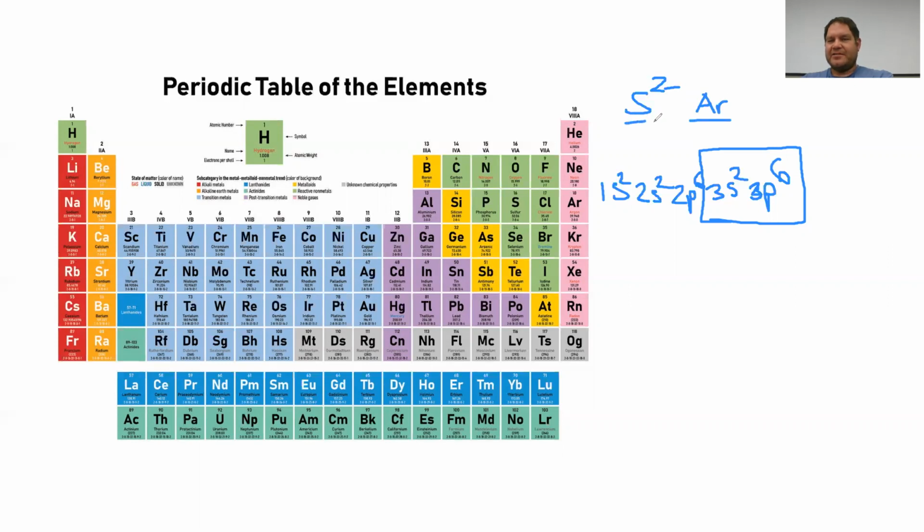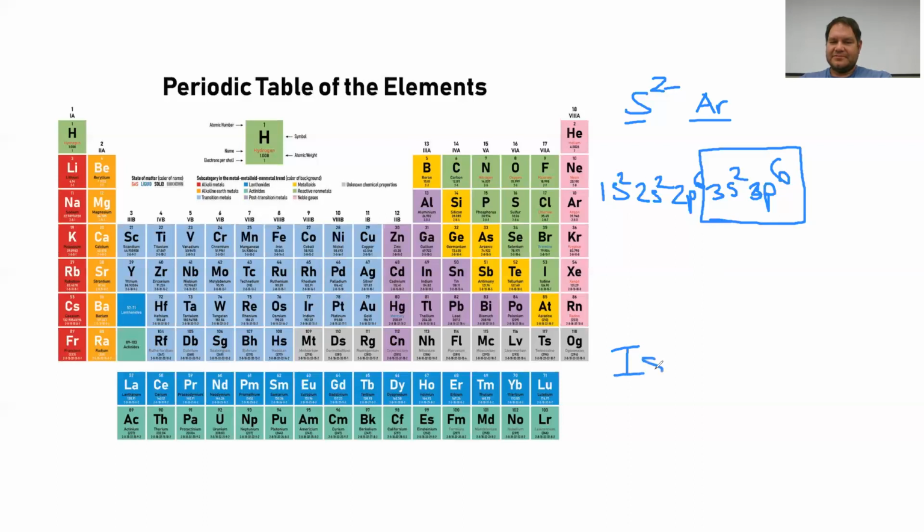Now, are they the same element? No. Sulfur still only has 16 protons in the nucleus, whereas argon has 18 protons. They're not the same element. They're different, but they do have the same electron configuration. So if 2 atoms have the same electron configuration, write this down because this is super important, they are known as being isoelectronic to one another, okay?